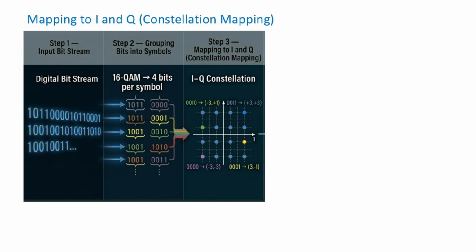And 0011 becomes 3, 3. Each of these points is defined by 2 values, I, which is the in-phase component, and Q, which is the quadrature component. So instead of thinking in bits anymore, we now represent data as positions in this IQ space.